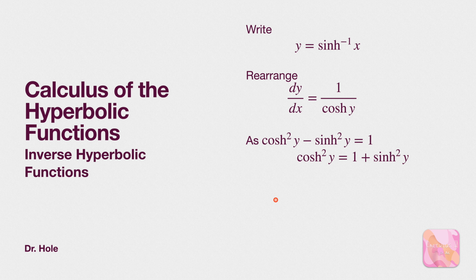Cosh squared of input minus sinh squared of that same input will produce 1. We have here in the denominator cosh of y. Let's take this identity and solve for cosh of y. So move the sinh squared to the other side. We want cosh of y, so let's apply a radical to both sides.